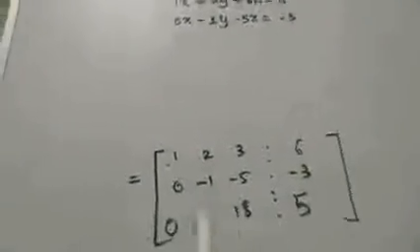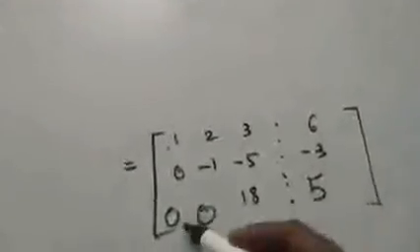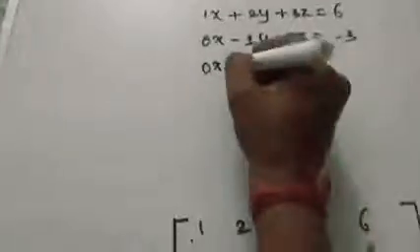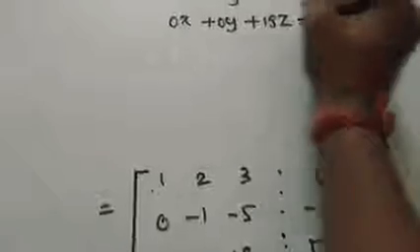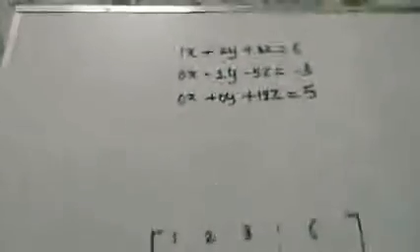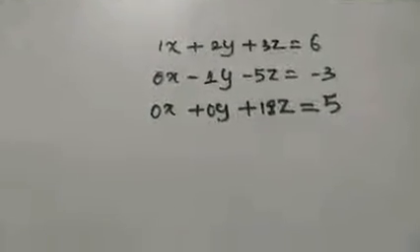From the matrix we are converting into a system of equations. Now here 0x, then plus 0y, then plus 18z equals 5. So we have converted successfully into the system of equations.